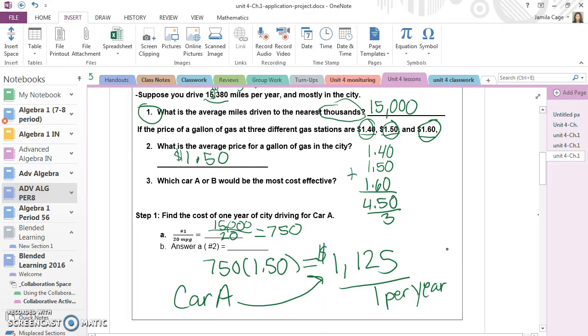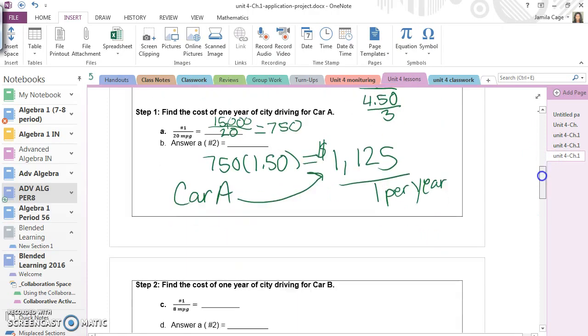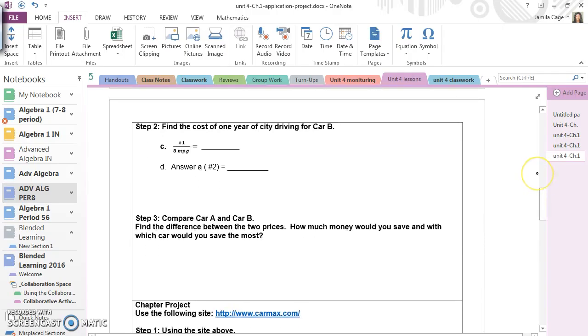So let's scroll down. Step 2. So we still take the 15,000 miles because that's how much we're driving in the city. We're divided by how many miles per gallon car B gets in the city. 15,000 divided by the 8 then gives us 1,875.